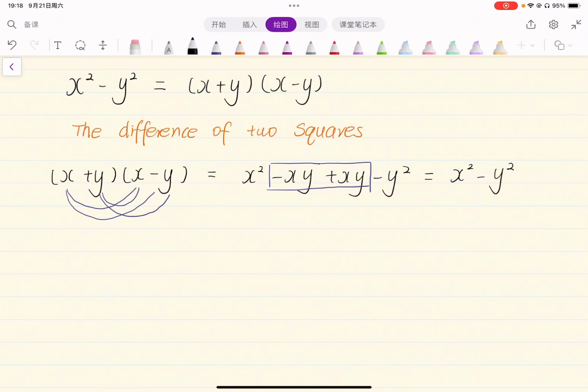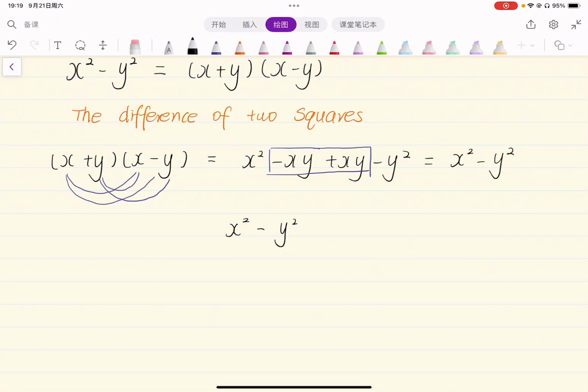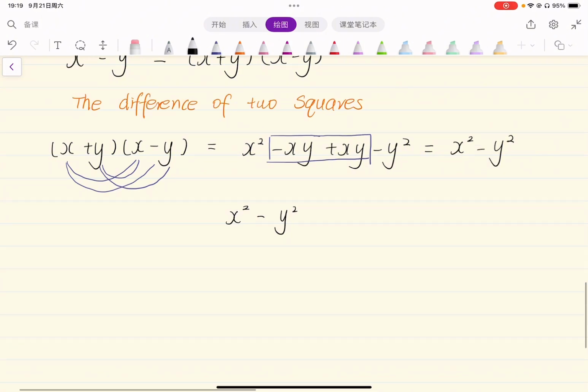So when we see any expression like x squared minus y squared, what we need to do to write the factorization is to take the square root of each. The square root of x squared is x, and the square root of y squared is y.